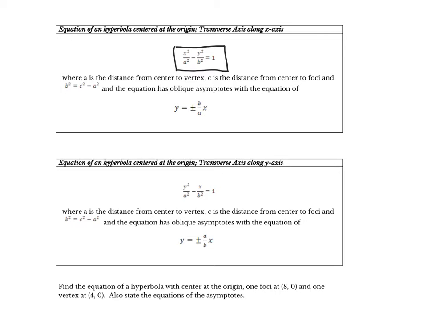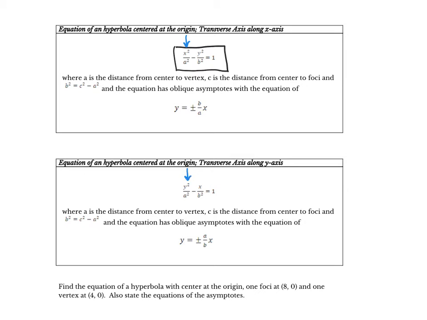Very similar to what you saw for an ellipse, except we have a subtraction sign instead of a plus sign. And a is the distance from the center to the vertex. c is the distance from the center to the foci. And b really doesn't have a point it goes to, but it is part of the asymptotes that guide the hyperbola. So the key thing here is whatever your transverse axis is, that variable is going to go first.